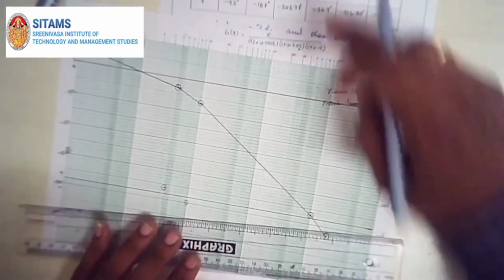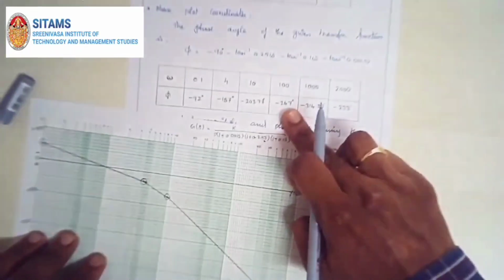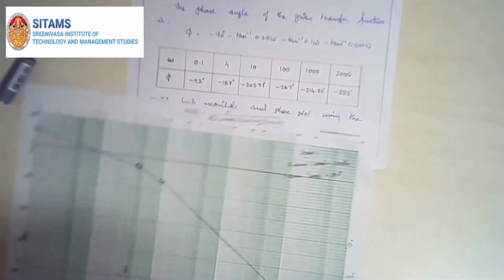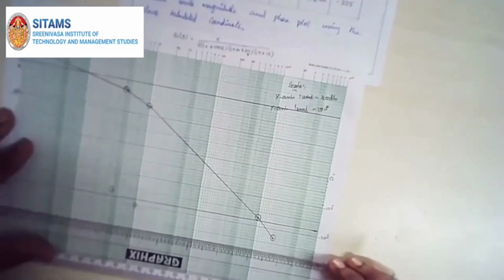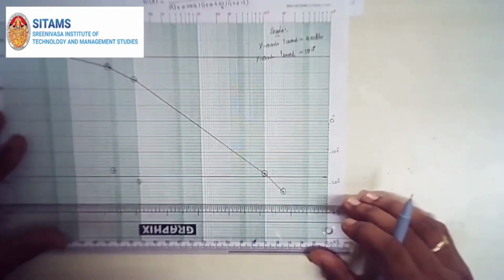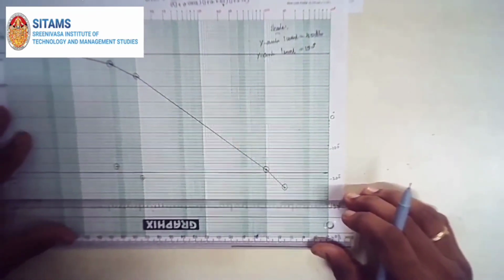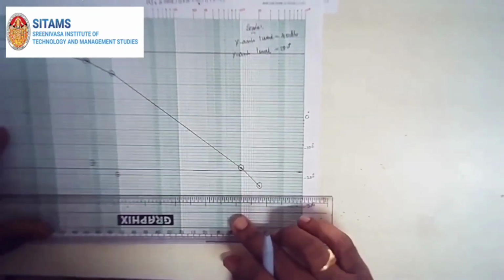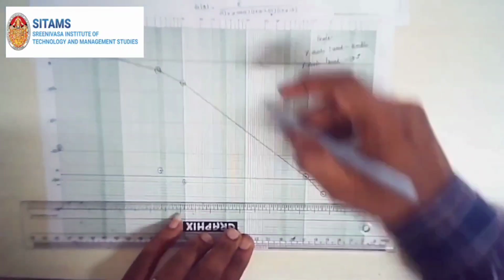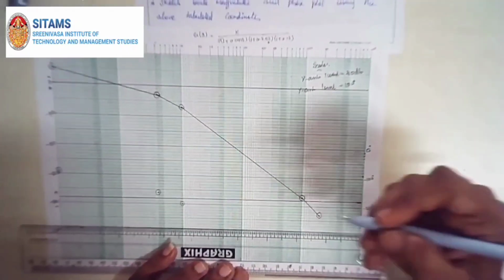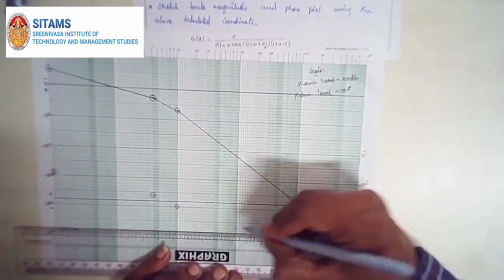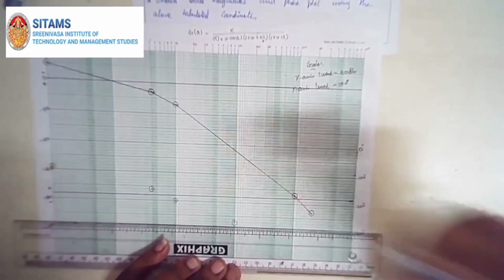Then similarly the next angle is minus 267. Let me take it as minus 270. So 270 will come over here, this point. So I am going to place my scale along 270 and the corresponding frequency is 100. So the 100 point is this one. I have placed it.